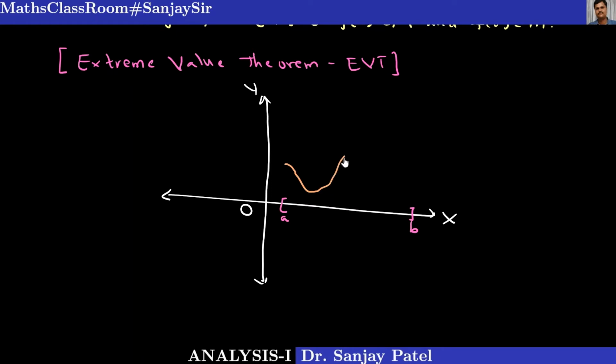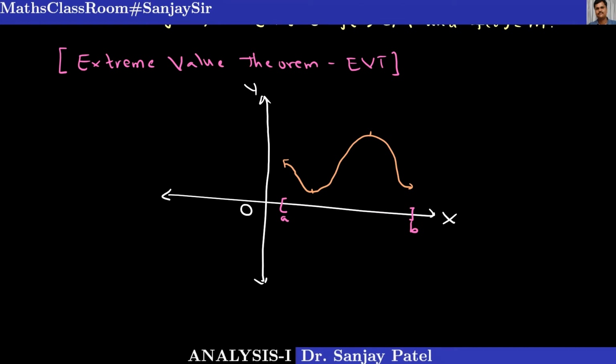This is my continuous curve, or you can say continuous function between a and b. And you can see here in this graph that this is the minimum value of the function, and this thing here, it is the top, it is the peak, that is the maximum value of the function. So this is a continuous curve and it attains its maximum value and minimum value.